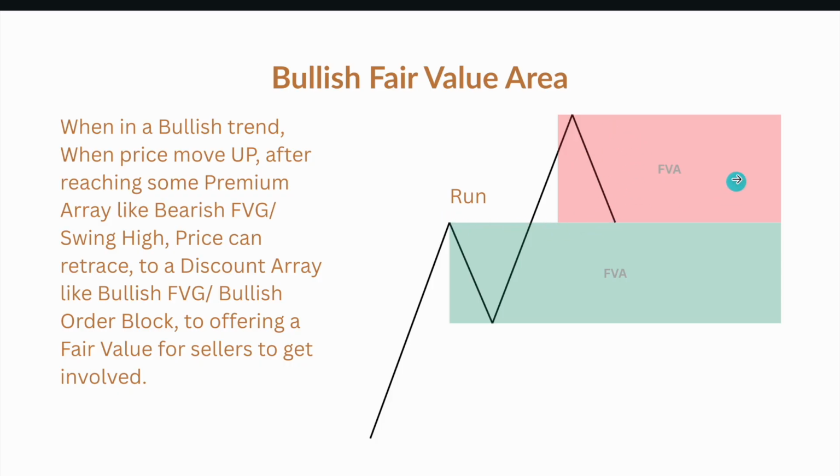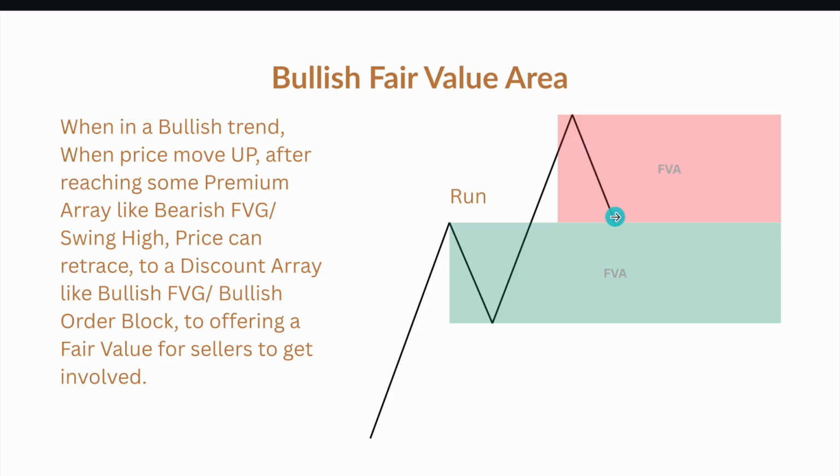So this particular red area is the area where price can retrace, because in this area the market has already offered a fair value. After moving up, price can retrace only up to this point, or it can enter a little bit inside the previous fair value area and again continue in the same direction.